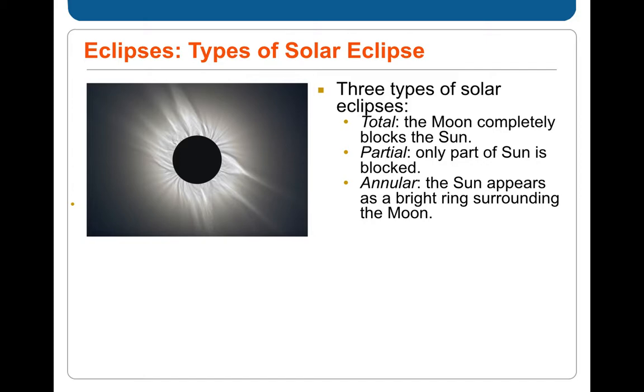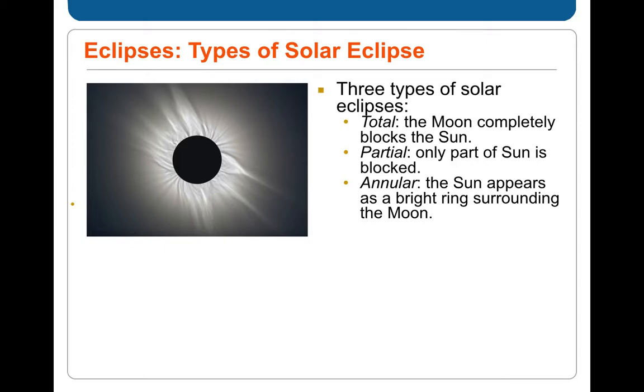So the moon is at all times 50% lit by the sun, but sometimes we see all of that lit hemisphere, and we call that a full phase. Sometimes we see only half of that, we call quarter phases, and sometimes we see nothing of it, and we call that the new phase.